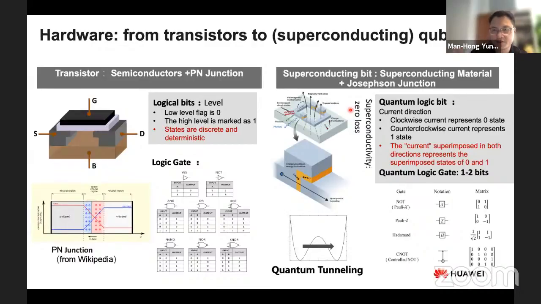It's because when you lower the temperature, the electrons inside the metal will form a kind of molecule. Two electrons will form a bosonic molecule, and if you want to break the molecule, you need to put in energy. This is the reason why they are so stable.